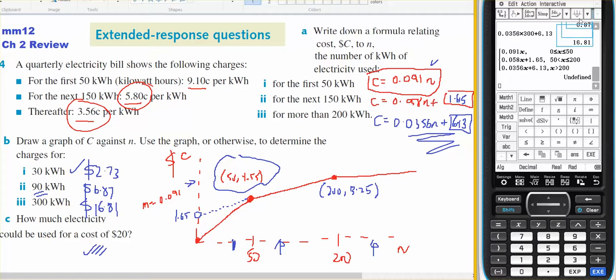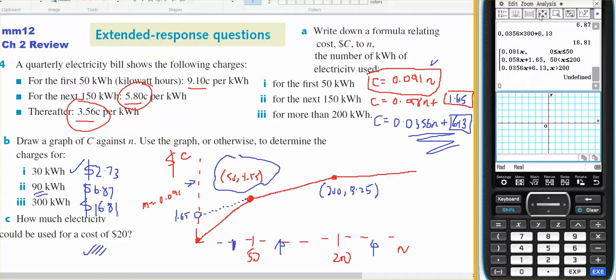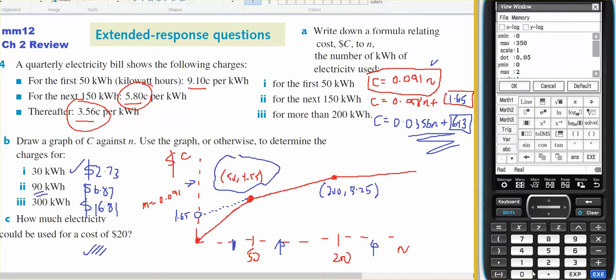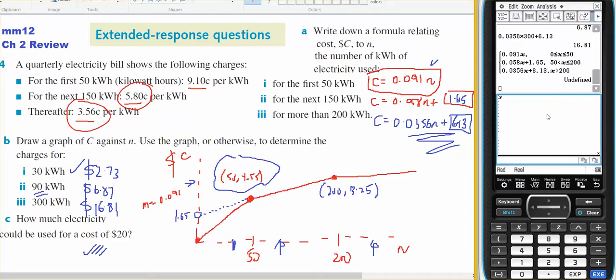I'm going to open up my window. I'm going to think about my scale. I need to go from 0, and I need to go up to, let's say, 350. And my Y's, I'm going to make the 0 the bottom. And since 300 was $16, I might go up to $20. And okay, so there's my window.